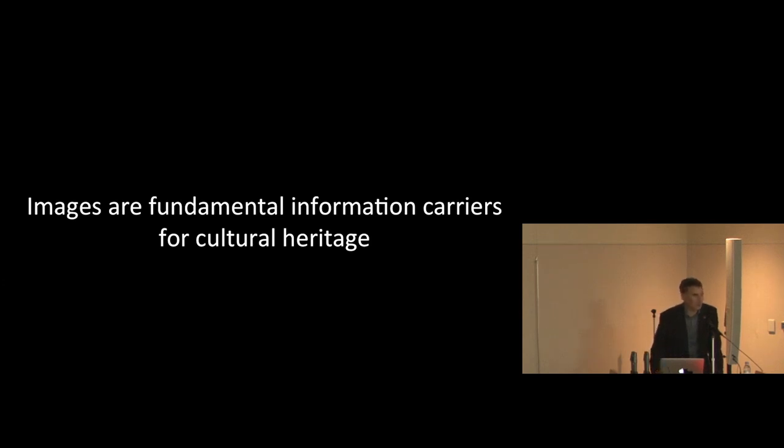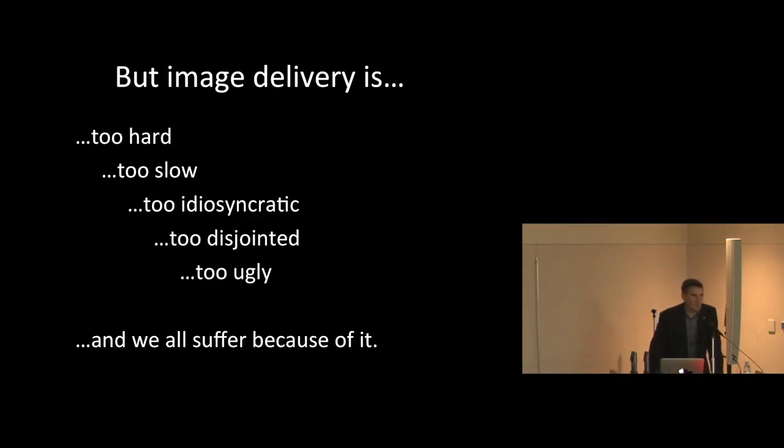For most things that we work with in cultural heritage and research institutions, an image is a vital component. But image delivery on the internet is a challenge. It's technologically a challenge, and it's expensive and hard to do. If you are providing information on the web, image delivery is hard.